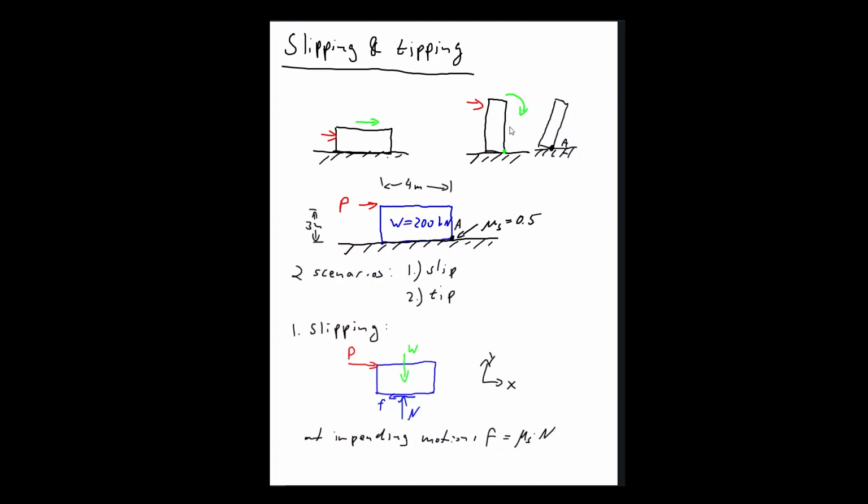For the tipping part, for it not to tip, it has to be the case that the moment around this tipping point is equal to 0. From that we can do our analysis, and whichever of those two forces is smaller, that's the motion that we're going to get.